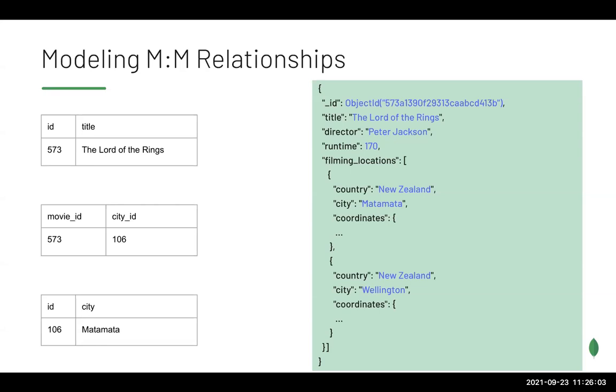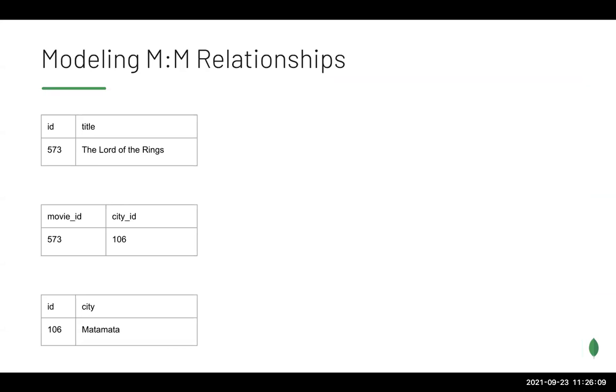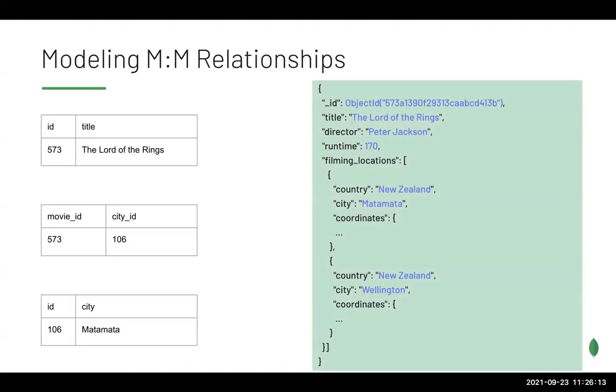So, your mileage may vary in this scenario, but I would always opt to put data that is going to be accessed together and store it together in a single document.